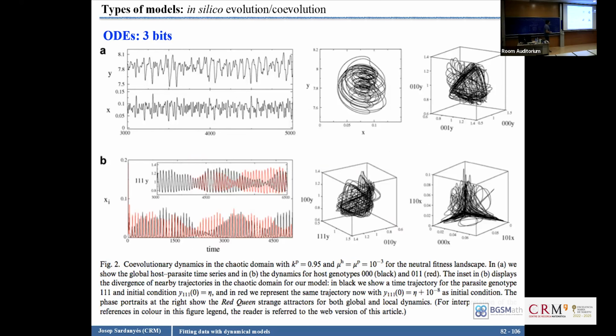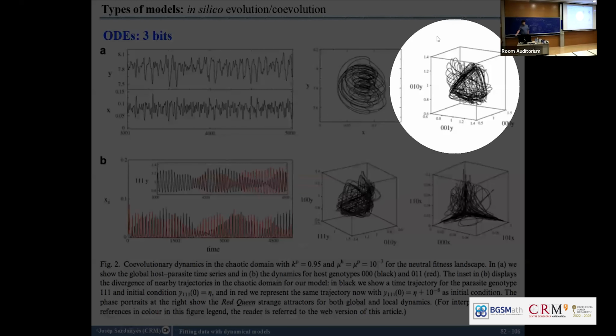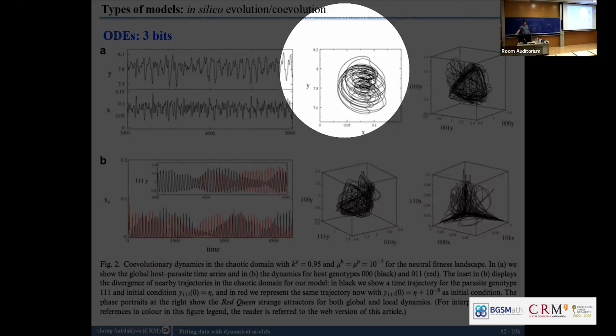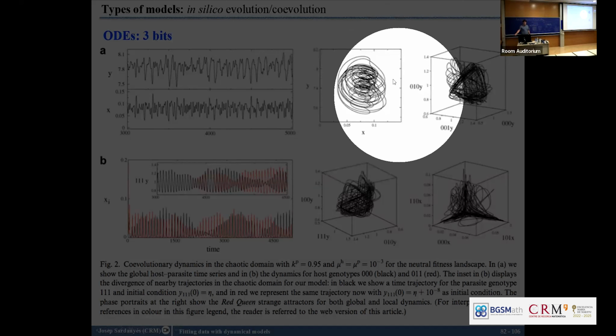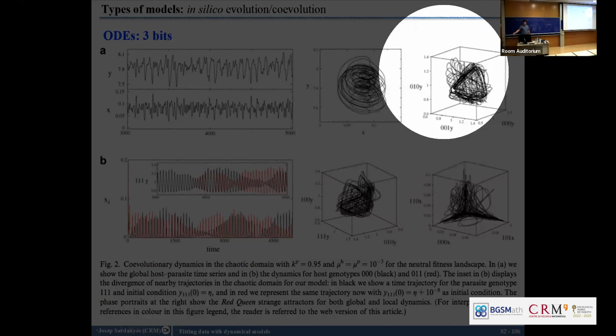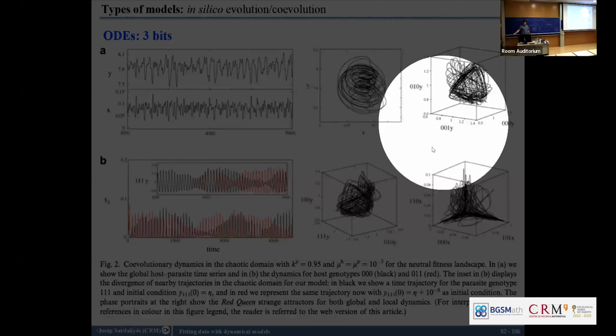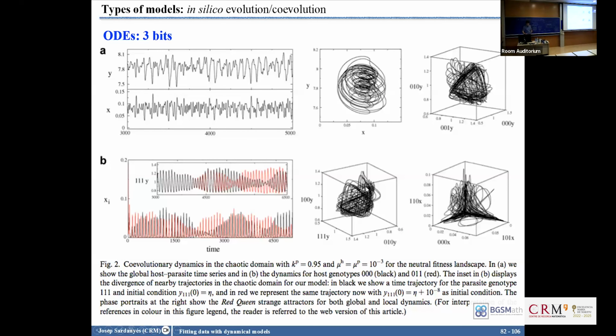So these are what we name the Red Queen attractors, Red Queen strange chaotic attractors. This is the dynamics, for some parameter values, of the population of prey and predators, summed all together, X and Y. You can see that you have this attractor that is very complex, and this is how the different genotypes fluctuate. We also have sensitivity to initial conditions, and what we did in this paper was study this a little bit.